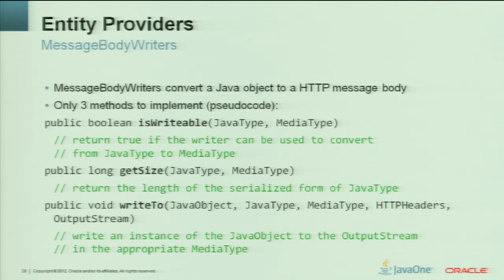I gave the example of having a provider for only one media type, but you could also imagine a common provider which can write a Java object class into JSON or XML. So it could support both. You just would check on the media type, and depending on what you want to create, you can use the same writer, and it would just use a different way to externalize the Java type into a media type.